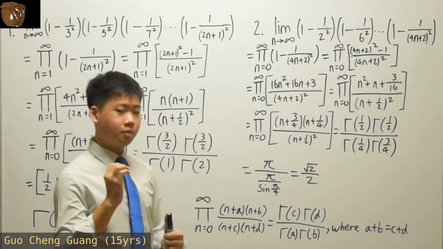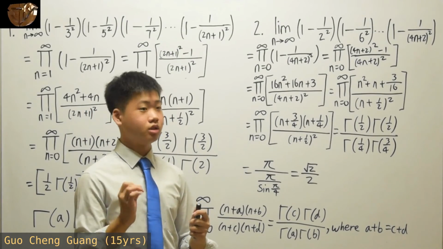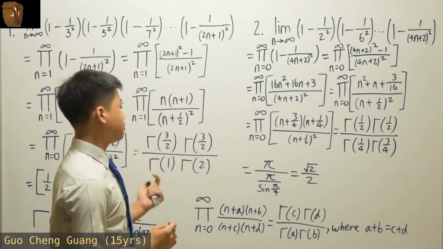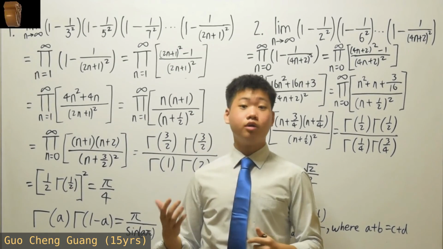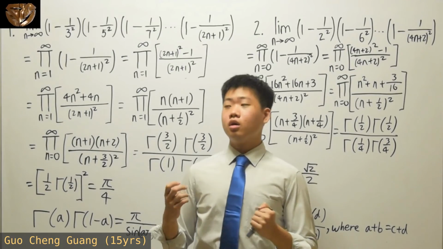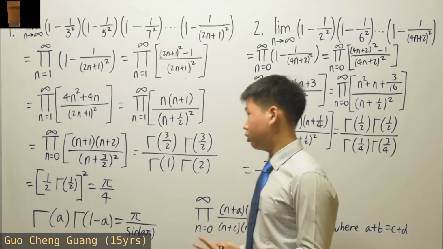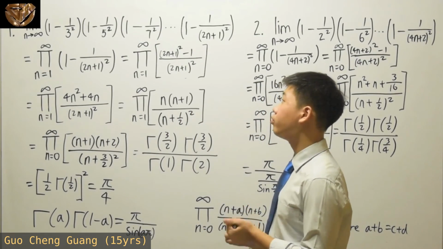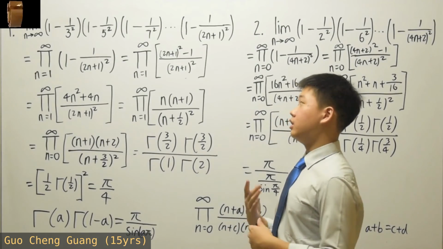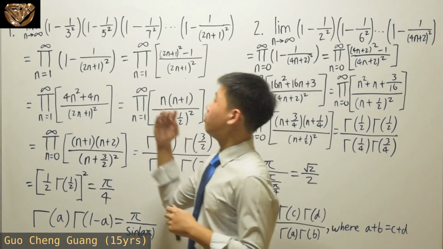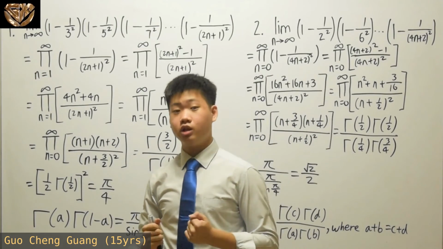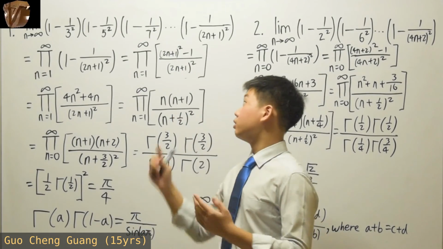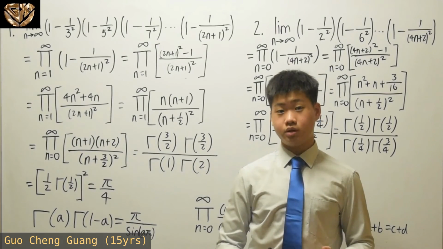Alright, so that's the part for solving the questions. Do you find anything special about the questions that we have done, whether in this lesson or in a previous lesson? If you haven't found anything, let me give you a little clue. What kind of number are all of these? They're fractions, right? That means they're rational numbers.